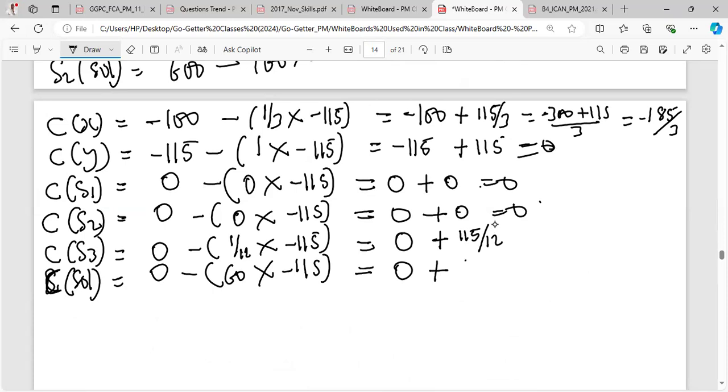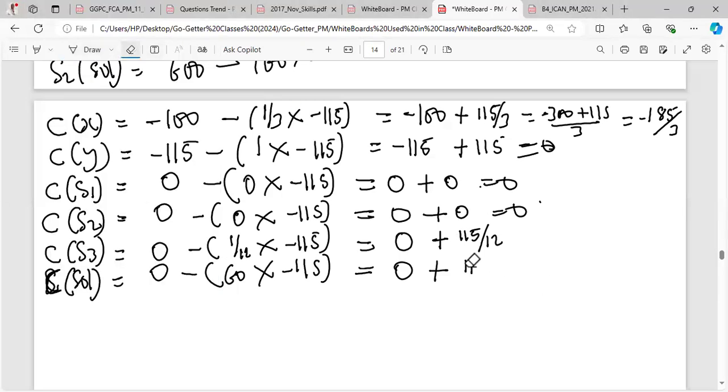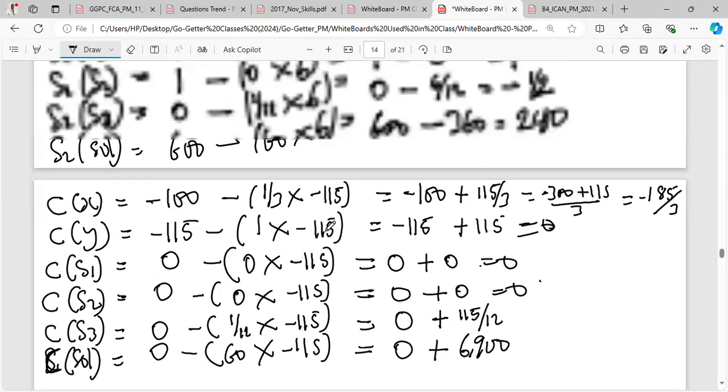This is going to give me 115. Okay, it's not multiple, you have to multiply it. 60 times 115. That gives me 6,900. So I will go here.